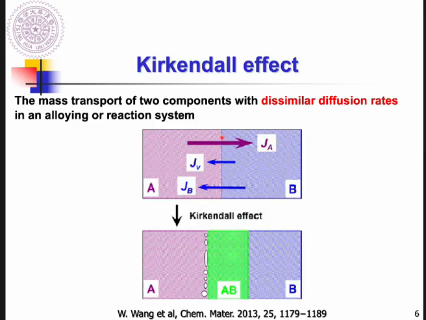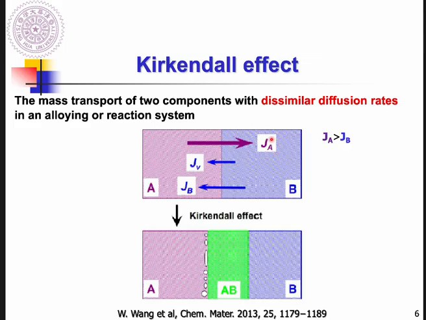In the beginning, we have A material bonded with B material, and the flux of A atoms is not equal to the flux of B atoms when interdiffusion happens. In this case, I assume JA is larger than JB.